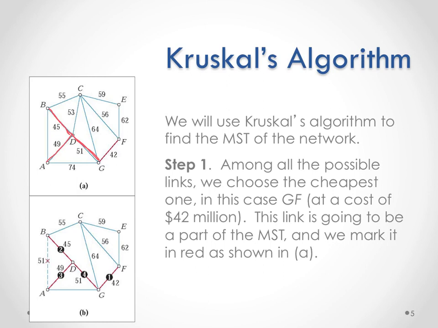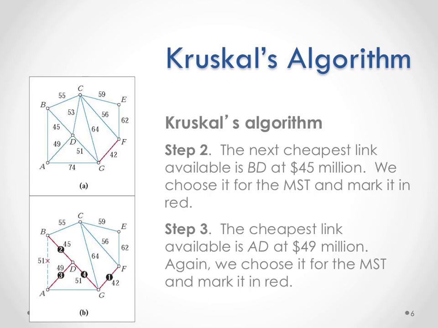The numbers are $1 million to lay this pipe. Anyway, so we have what's in figure B now. So we're not done. Whoops. This is just going through what I just did. So step 2, of course, is the next one, 45 million. Step 3, the AD, the 49 million.